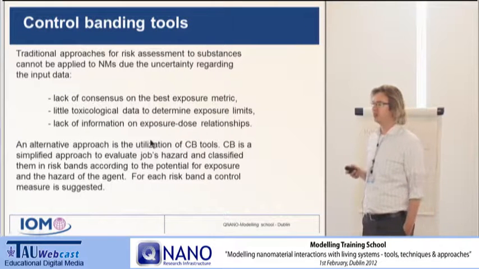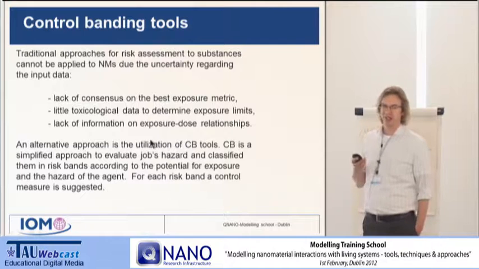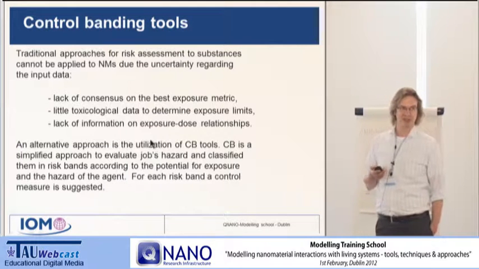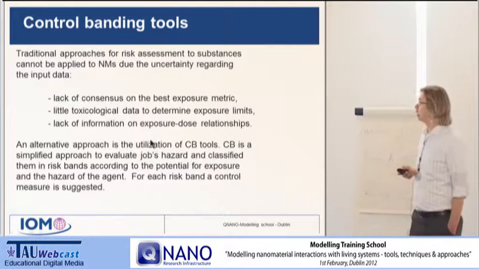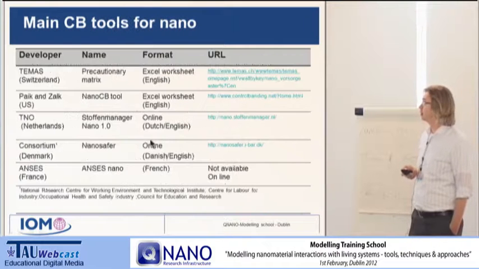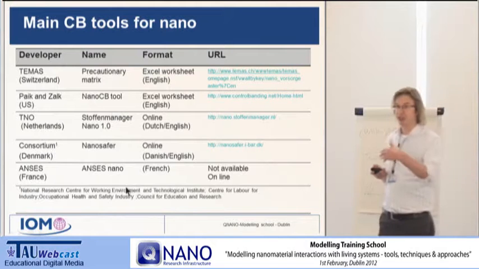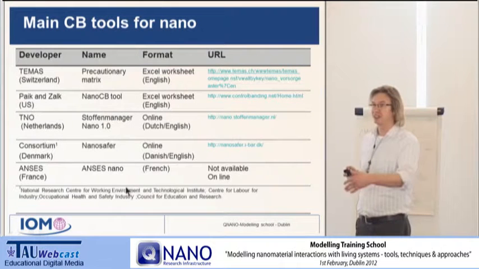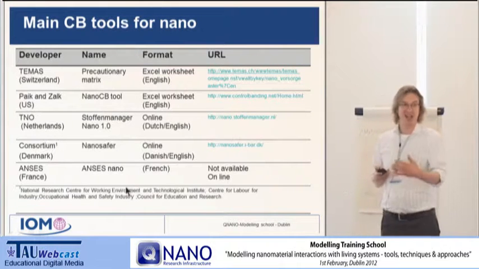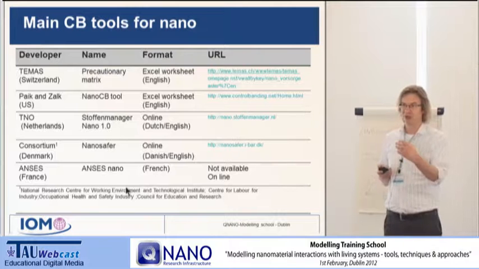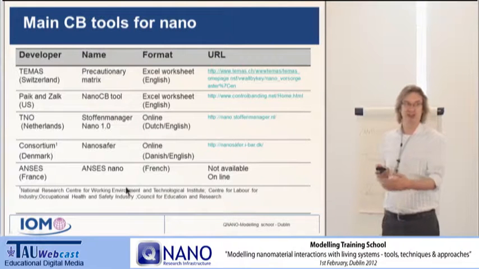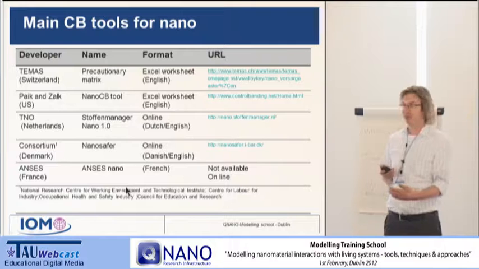They don't let you obtain a very accurate estimate of exposure or an accurate estimate of risk. But these tools are necessary, because we're not there yet. We don't really have the more refined tools to do the more proper risk assessment.